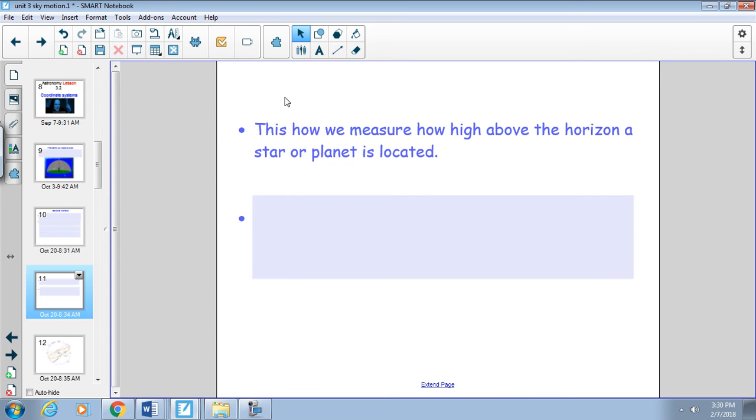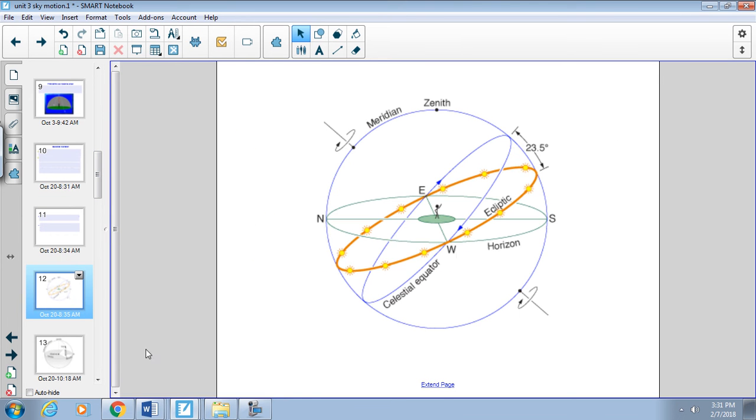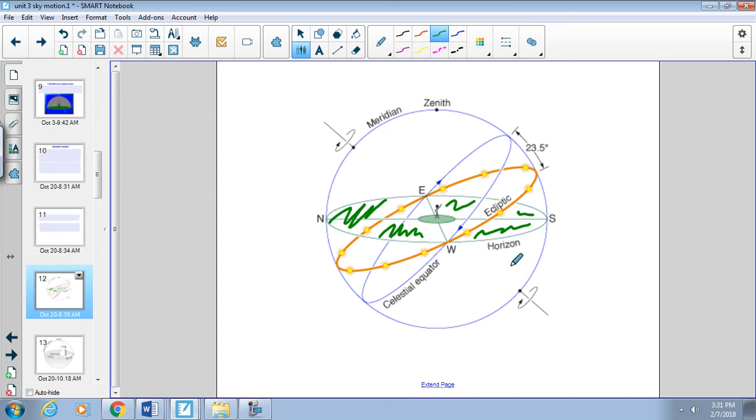We can measure how high above the horizon a star or planet is located by the distance that it makes to our zenith. So if you picture this part right here as the ground, right? So this is our flat ground, this is the horizon.